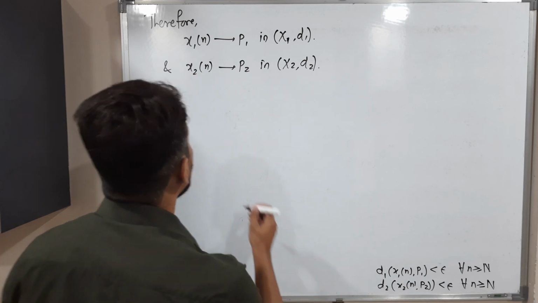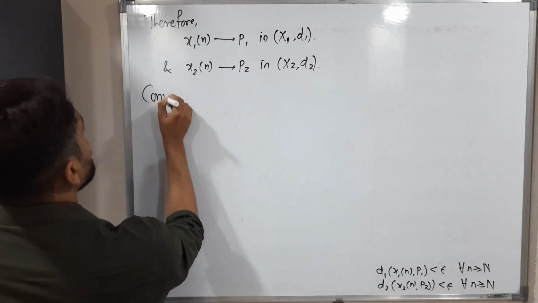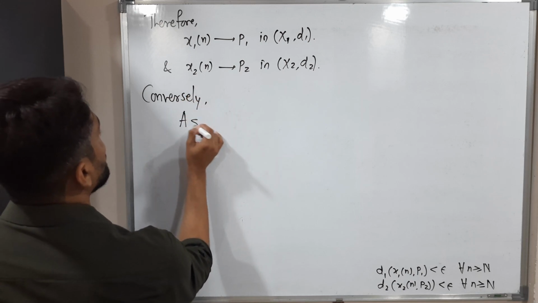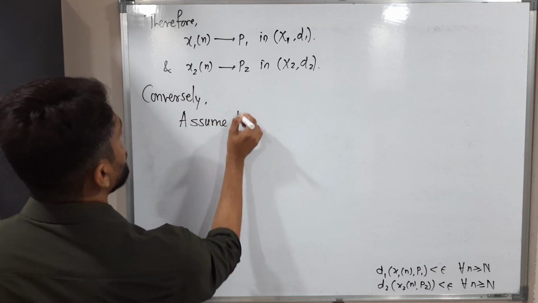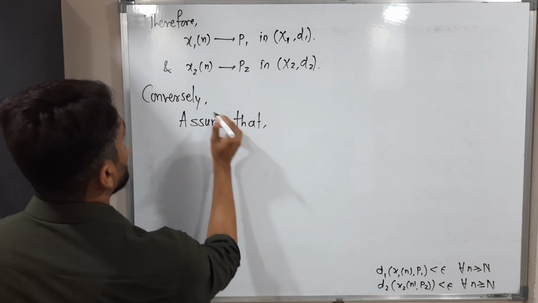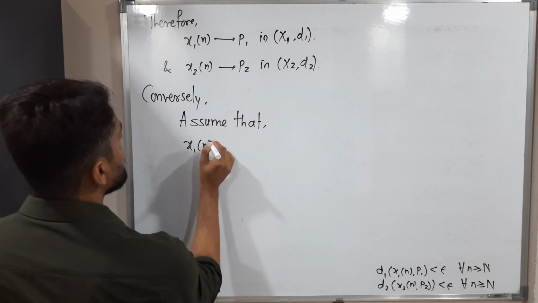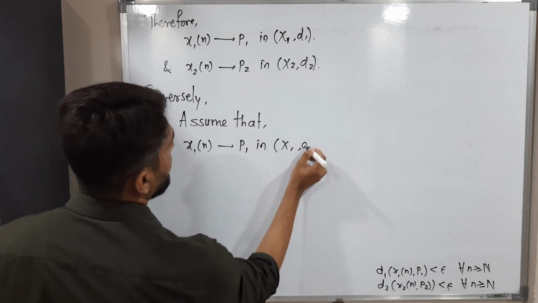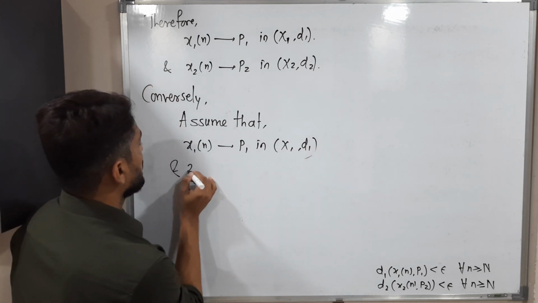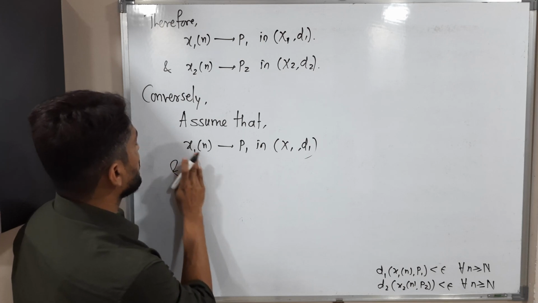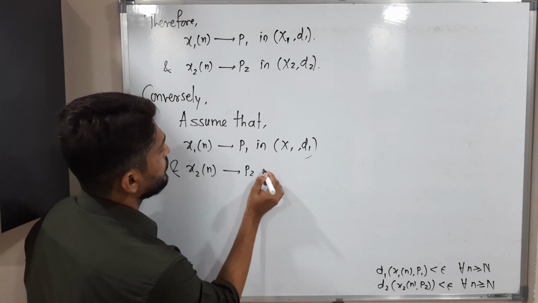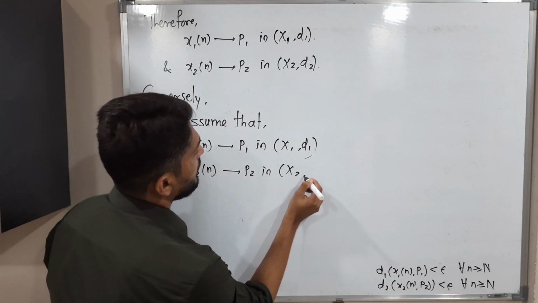So let me write here, conversely, assume that x1n converges to p1 in x1 d1, and x2n converges to p2 in x2 d2.